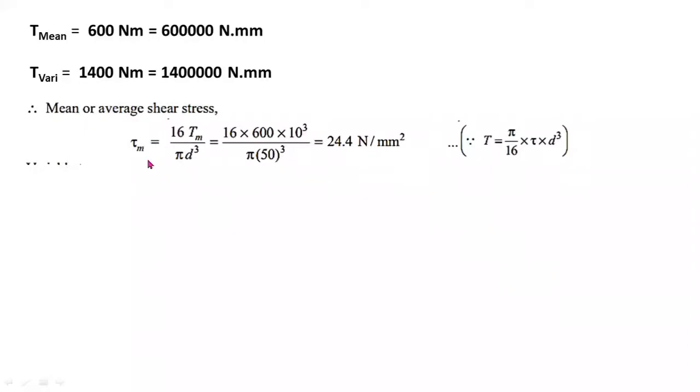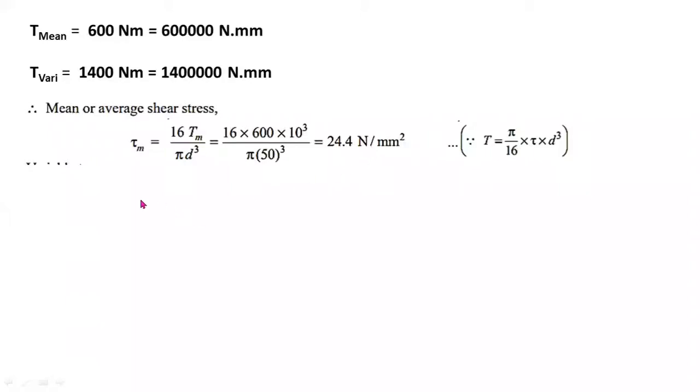For determining the value of mean shear stress, you have to substitute the value of mean torque, that is 6 lakhs. Already we know the diameter of the shaft, that is 50 mm. So from this equation you get tau m equal to 24.4 Newton per mm square.